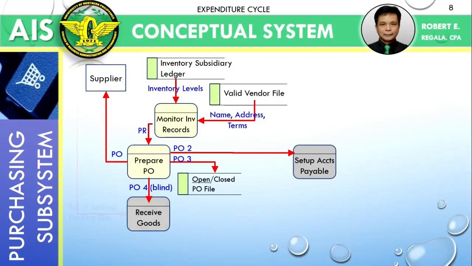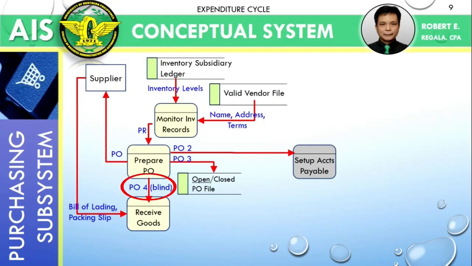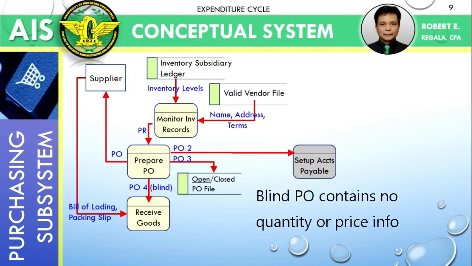Receive goods. The next event in the expenditure cycle is the receipt of the inventory. Goods arriving from the vendor are reconciled with a blind copy of the PO. The blind copy, a sample of which can be found in the folder in my Google Drive shared from the FB post, contains no quantity or price information about the products being received.